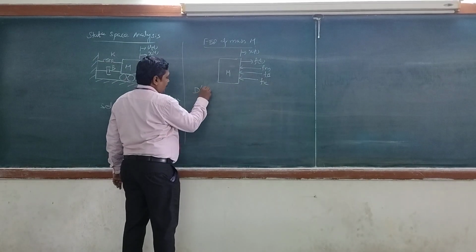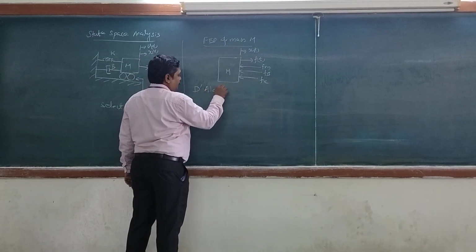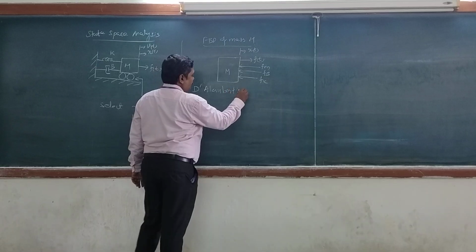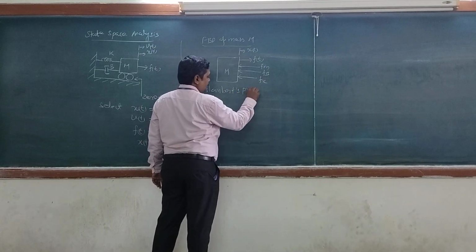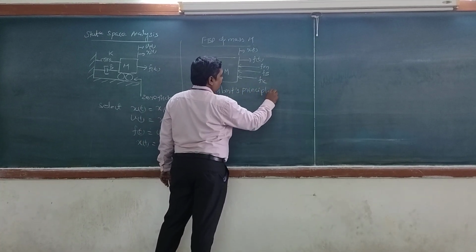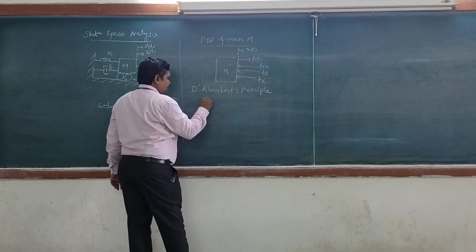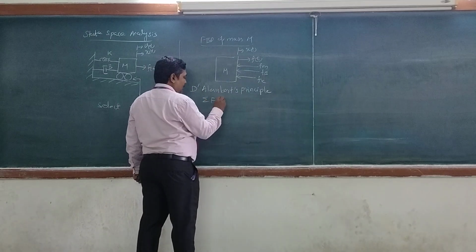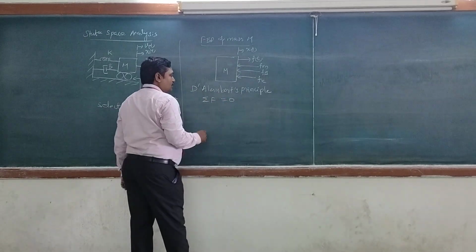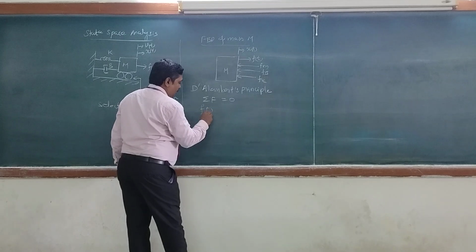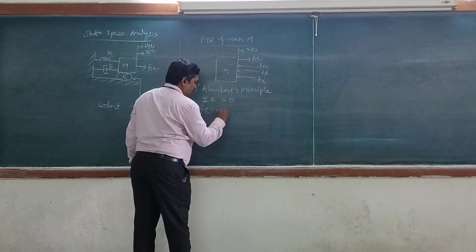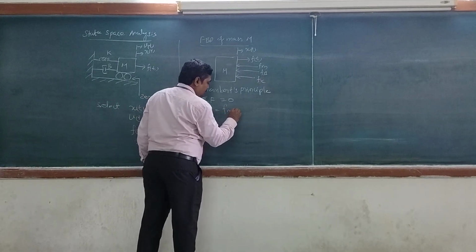Now applying D'Alembert's principle, the sum of forces acting on the body is 0. That means the sum of applied forces is equal to the sum of opposing forces.